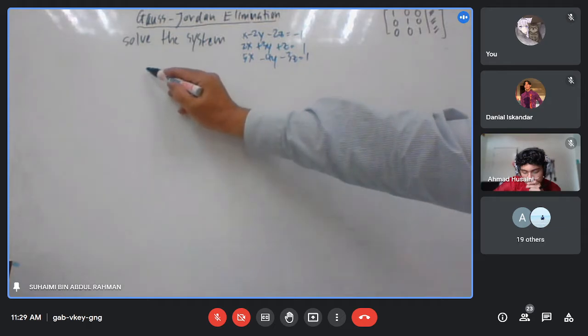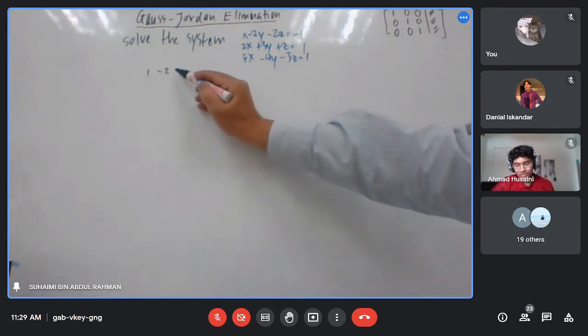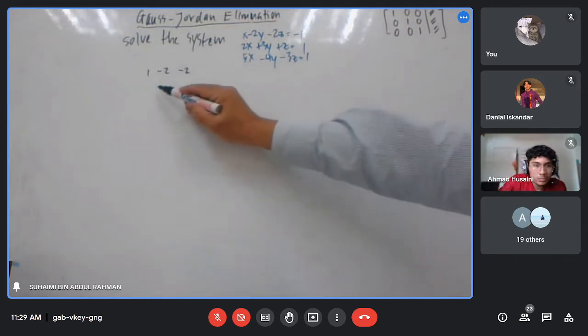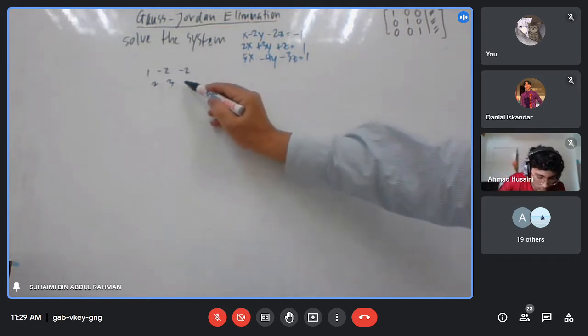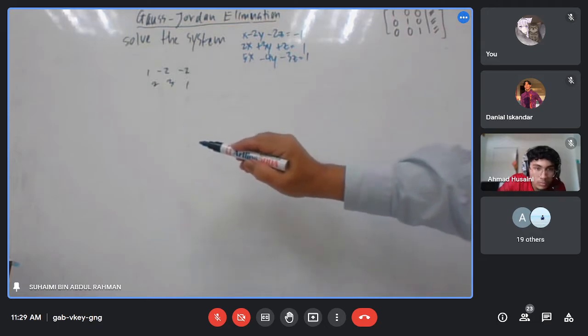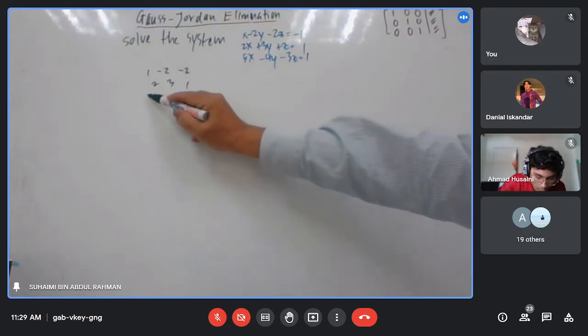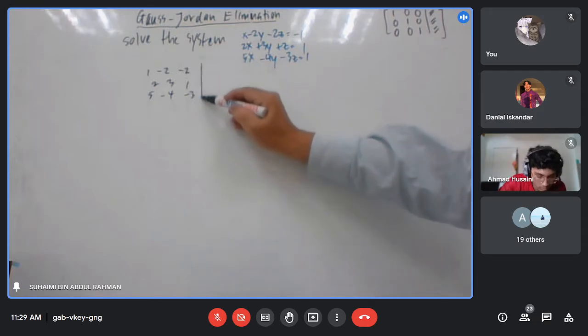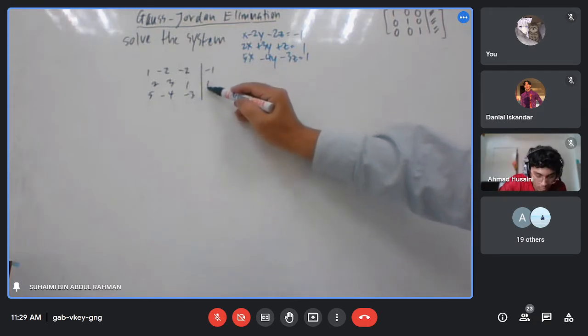Transform into augmented matrix: 1 minus 2 minus 2 minus 1, 1 3 1 1, 5 minus 4 minus 3 1.